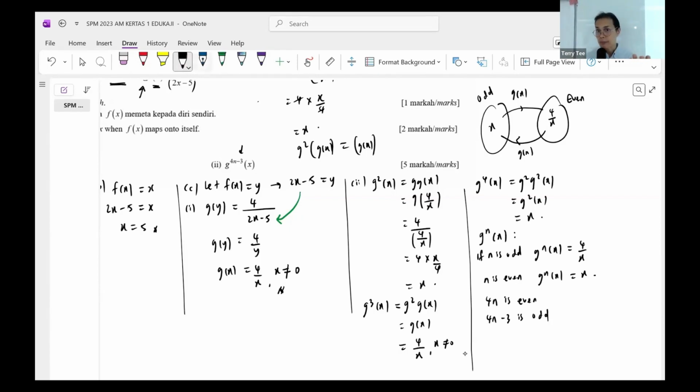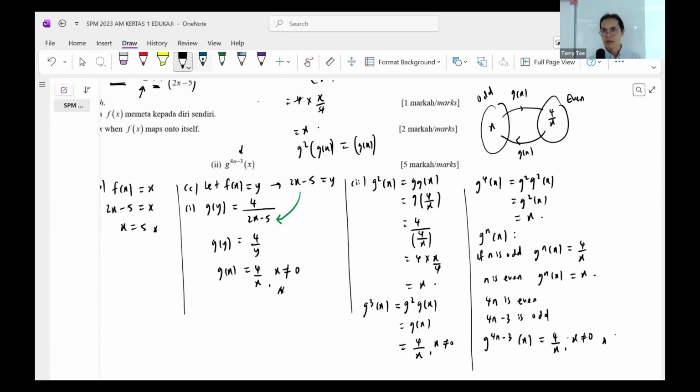Example, 4 times 1 is 4, 4 minus 3 is 1, odd. 4 times 2 is 8, 8 minus 3 is 5. It's always odd. So therefore, g of 4n minus 3 should be what? If it's odd, it should give us 4 over x, where x cannot be 0.